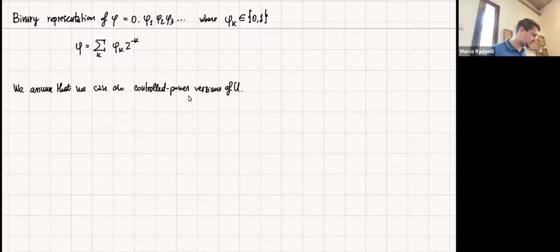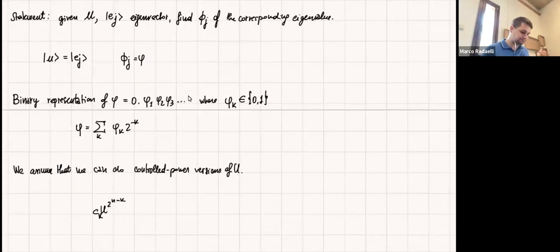So we assume that we are able to do a controlled unitary, controlled from qubit k, and we are able to perform a power of this unitary. We basically assume that we are actually able to control the unitary. This is not at all obvious, but it's something that we need to assume in order to perform the estimation. Questions about the statement of the problem of the quantum phase estimation?